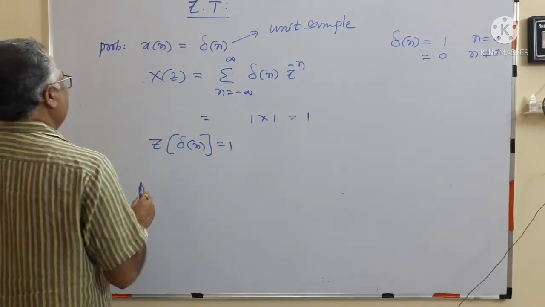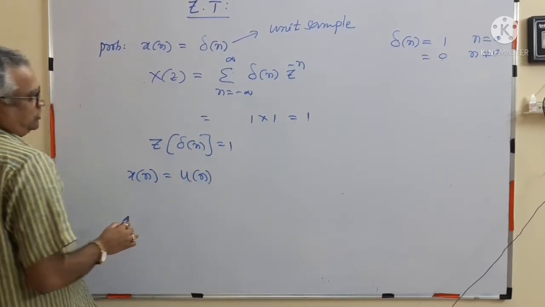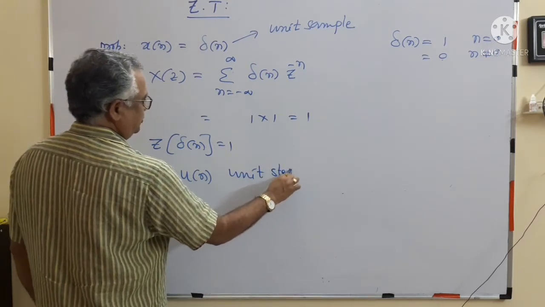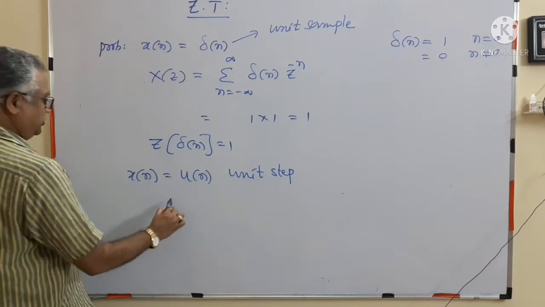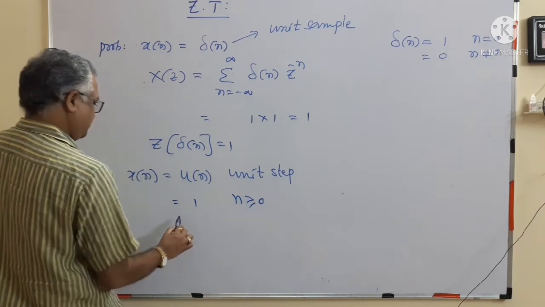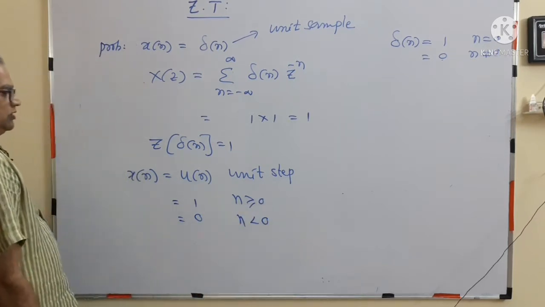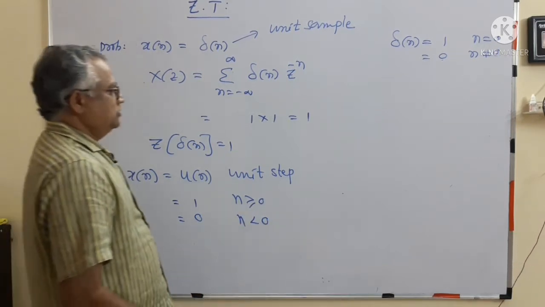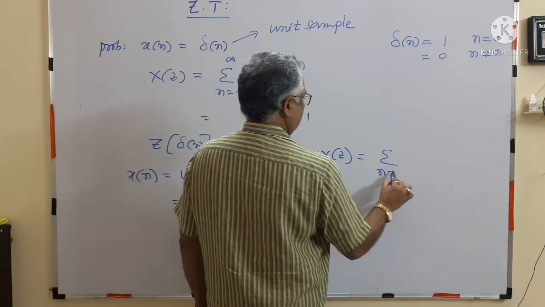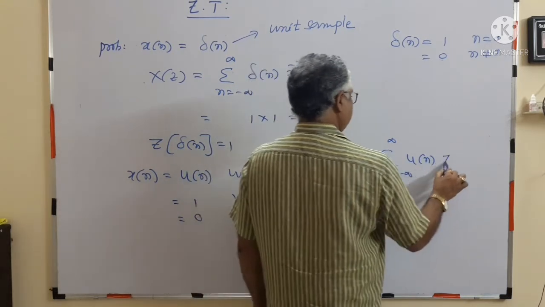Next is the z transform of u of n. U of n is the unit step. So this is equal to 1 for n greater than or equal to 0, and equal to 0 for n less than 0. This is u of n. To find the z transform, X of z equal to sum from minus infinity to plus infinity u of n z power minus n.